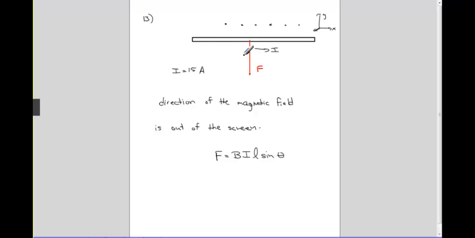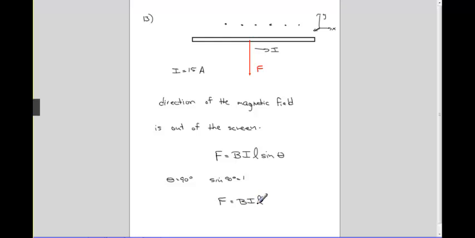In this case, the angle between the current and the magnetic field is 90 degrees, so it's going straight out of the screen. The sine of 90 degrees is 1, so the equation is just F equals B times I times L.